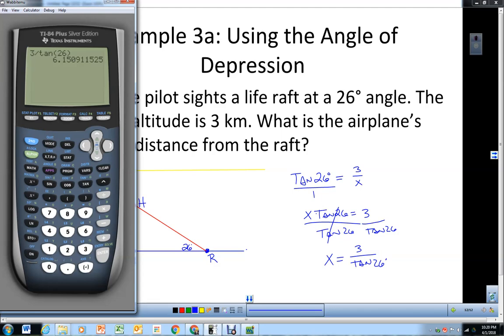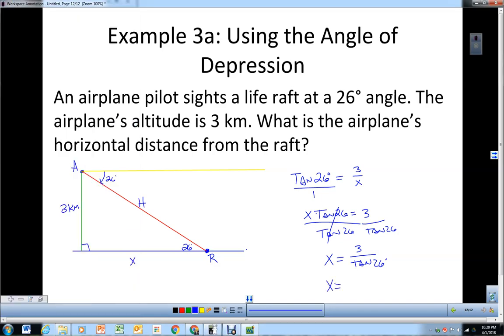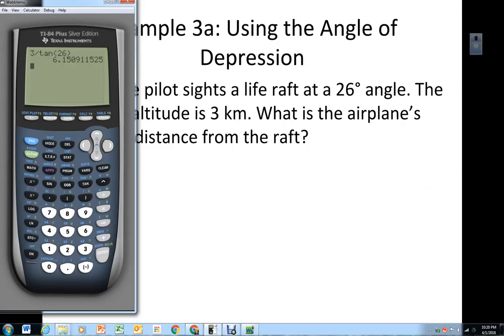It doesn't say what to round to here, so let's round to the nearest whole number. The distance here is about 6 kilometers. So he is about 6 kilometers away from the raft in this horizontal distance.